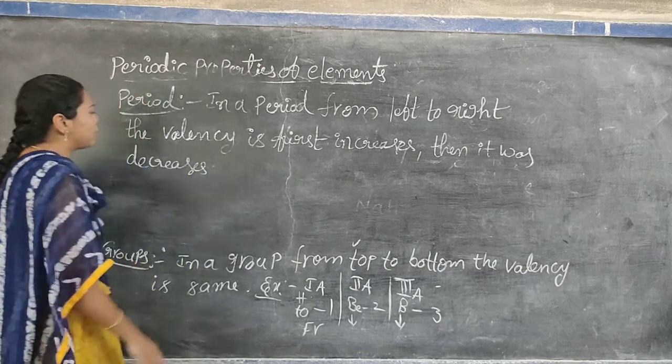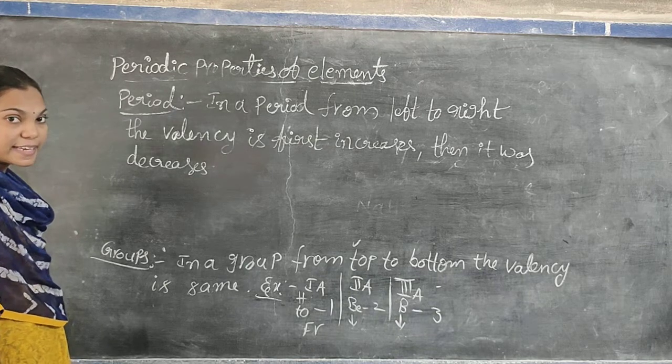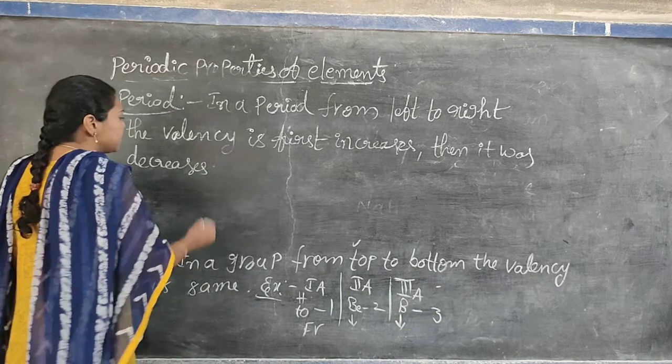In a period from left to right, the valency first increases, then it decreases.